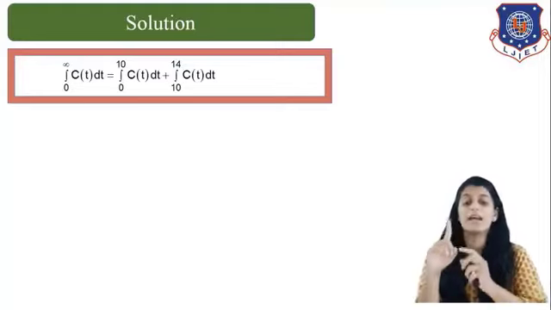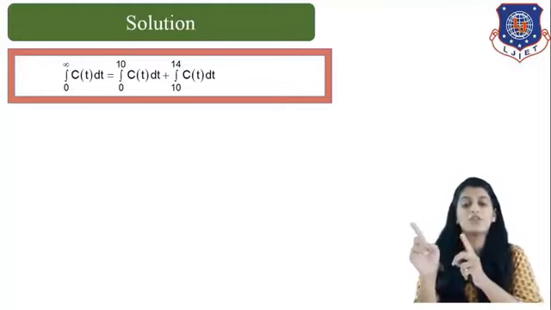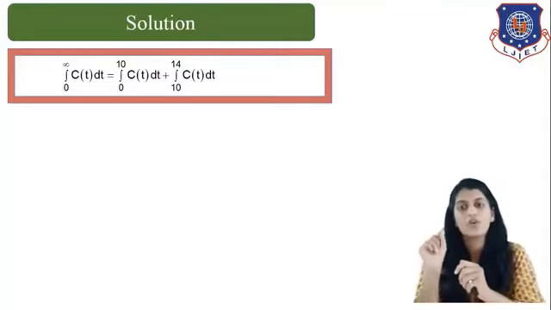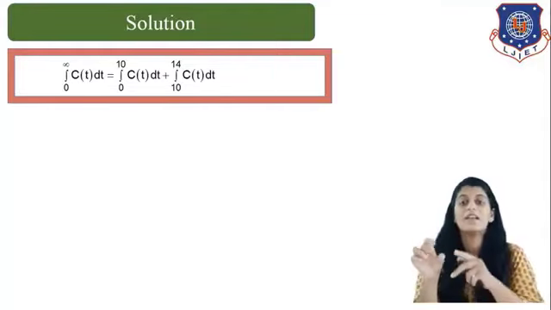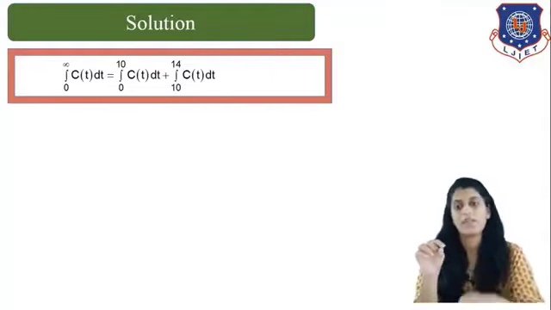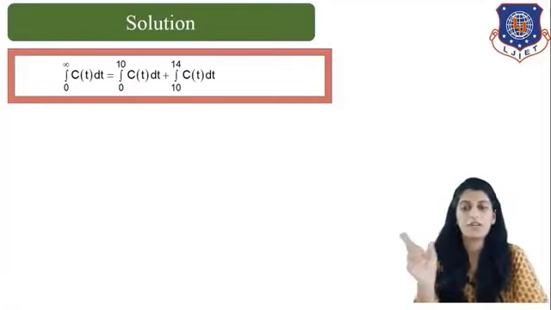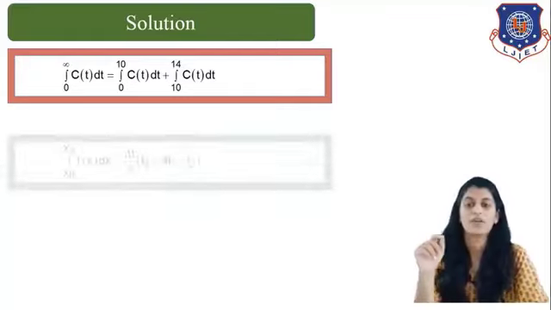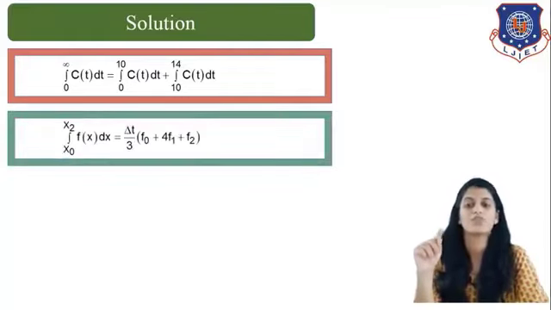Why I have done separate integration of 10 to 14 is just because from 10 to 14 the interval is different. Correct. So first we have calculated 0 to 10 and we have got the answer. So now we will calculate for 10 to 14.